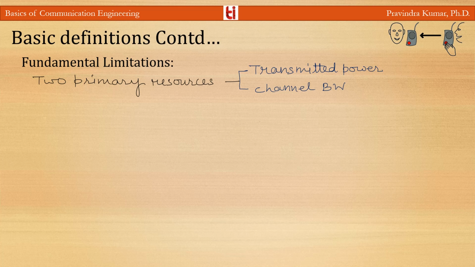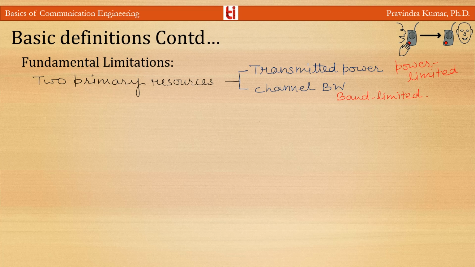A general system design objective is to use these two resources as efficiently as possible. In most channels, one resource may be considered more important than the other. So we can classify the communication channel as power limited or bandwidth limited.